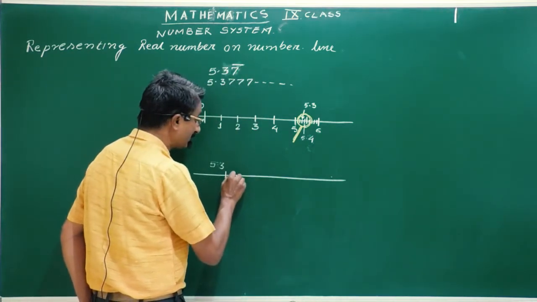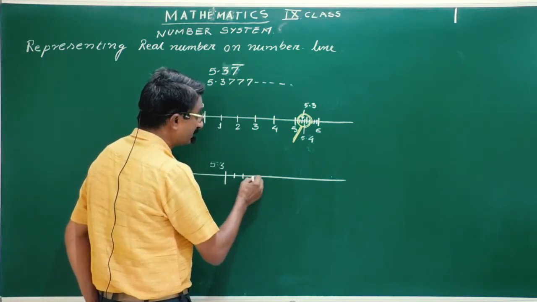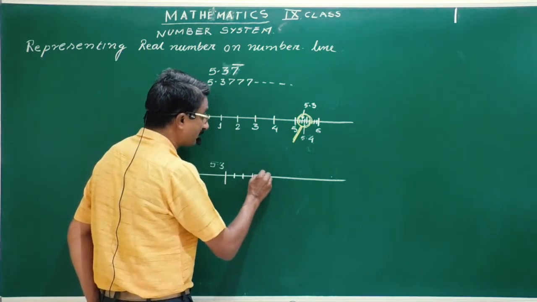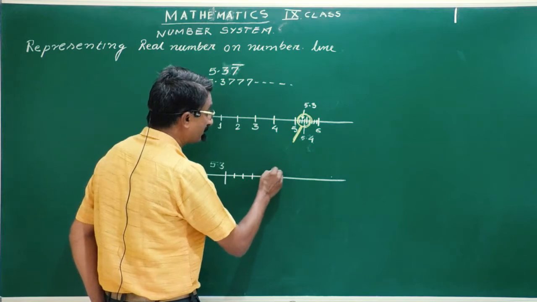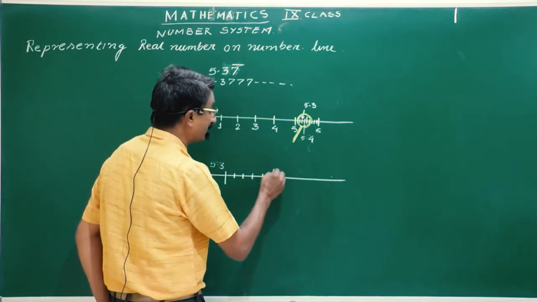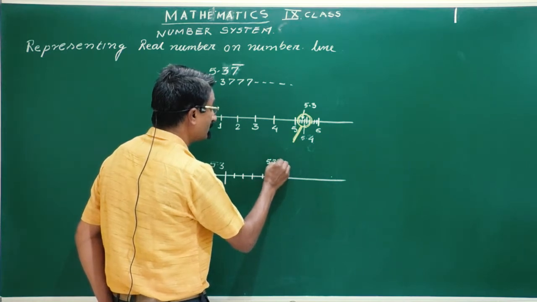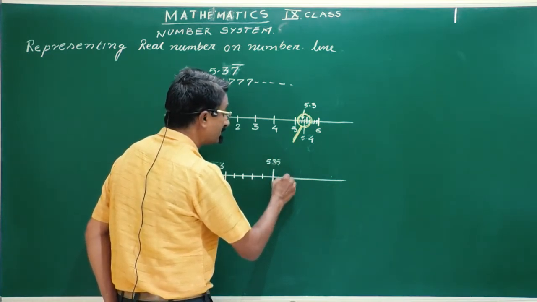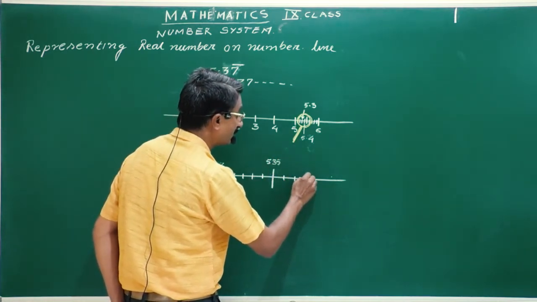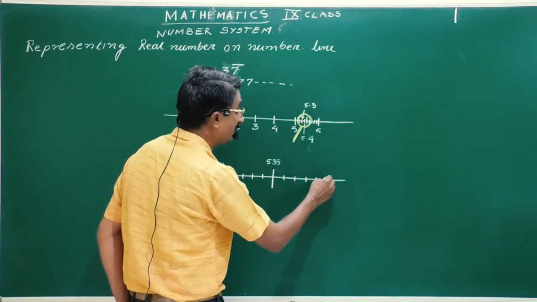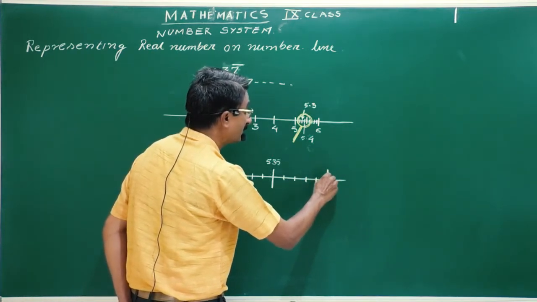Say this is 5.31, 5.32, 5.33, 5.34, 5.35, 5.36, 5.37, 5.38, 5.39 and 5.4.